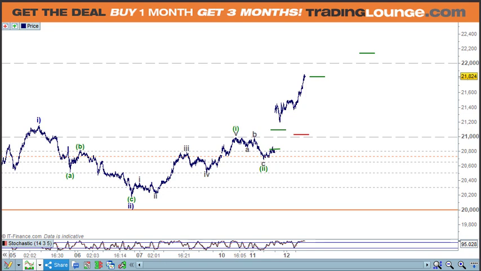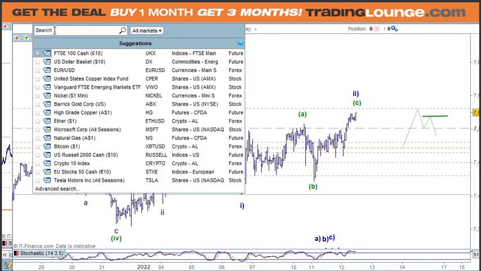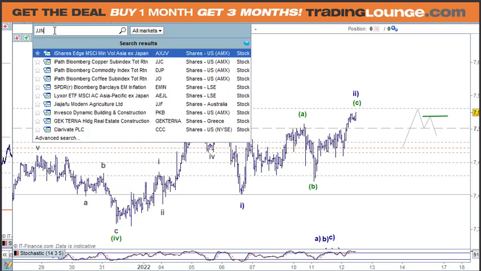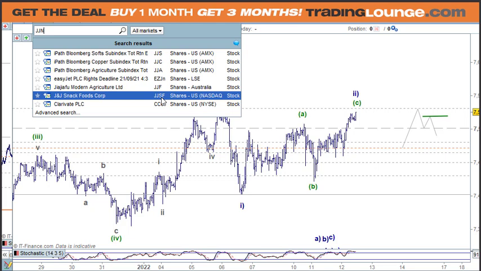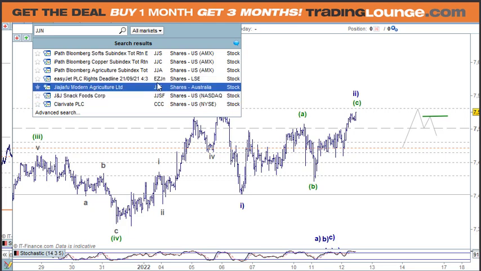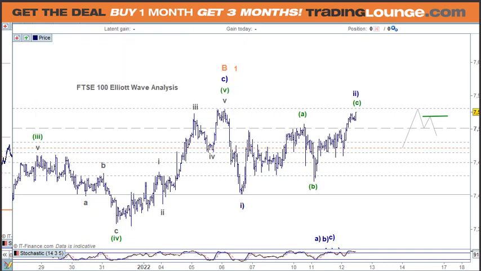Let me just bring up another chart. So Control New, that's the FTSE. So just chuck JJN in there. I don't get any JJN in here for that. So it's not there. I'll just have a look on the.